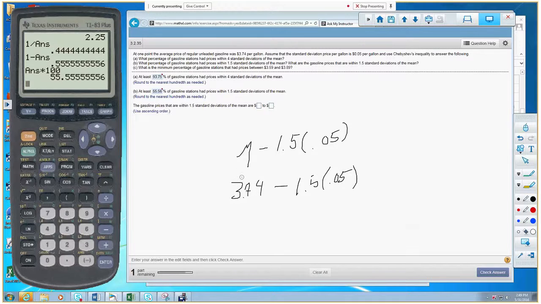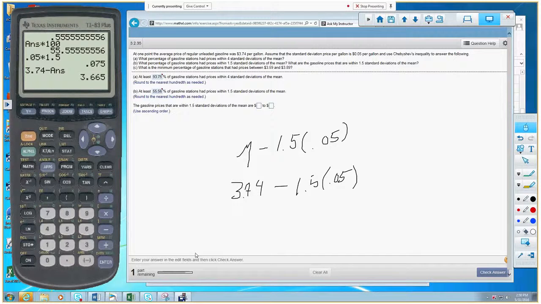And we do that on the calculator. 0.05 times 1.5, and then 3.74 minus the second answer, I get 3.67.